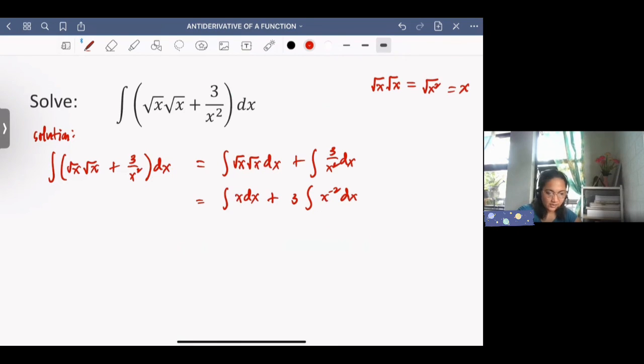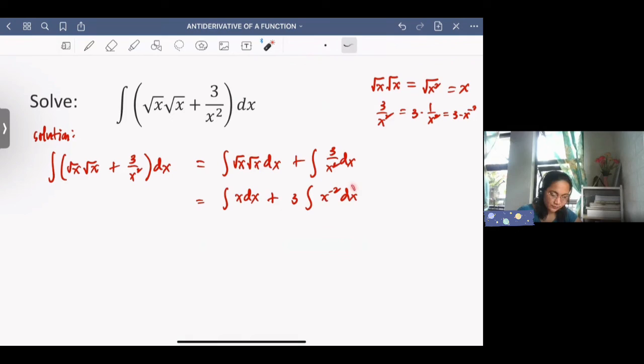Alright? So again, for our 3 over x squared, we just have to factor out 3 in the numerator. We'll have 3 times 1 over x squared. And for 1 over x squared, just have to transform this into a negative exponent. So we'll have 3 times x raised to negative 2.